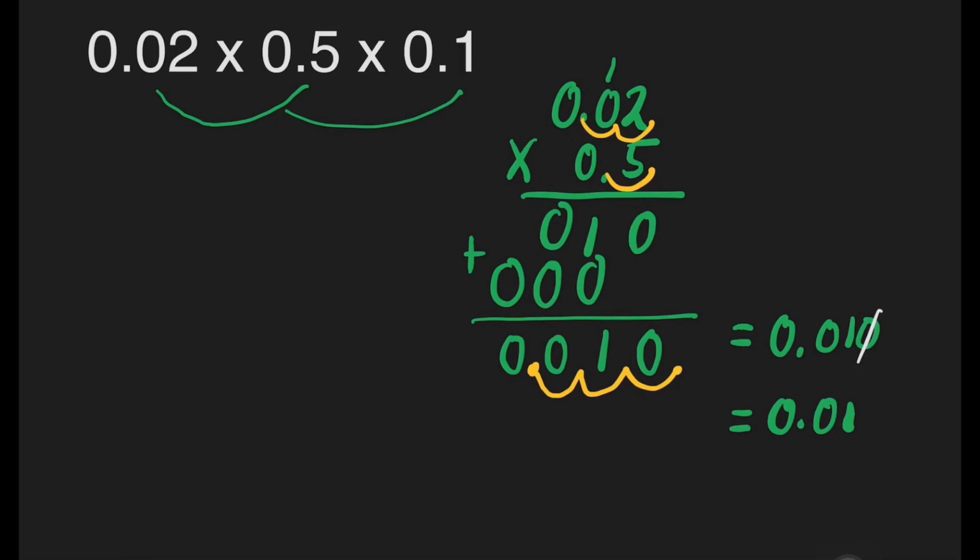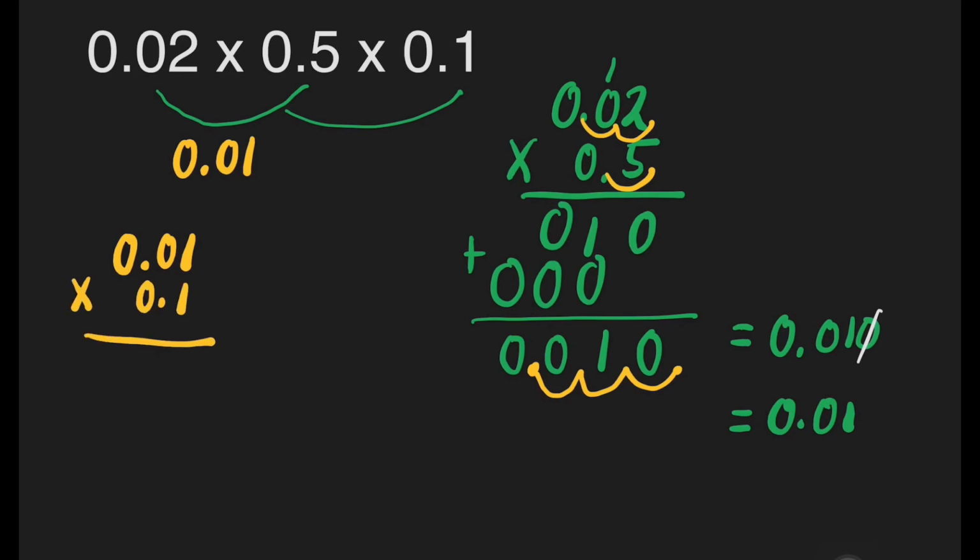We are not done yet because this is just the product of 2 hundredths and 5 tenths. So that's 0 decimal point 01, that's 1/100th. We still need to multiply it to 1/10th. So let's do that. 0 decimal point 01, that's 1/100th times 1/10th.